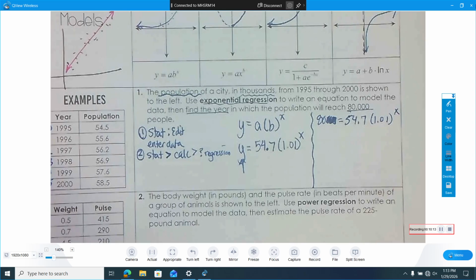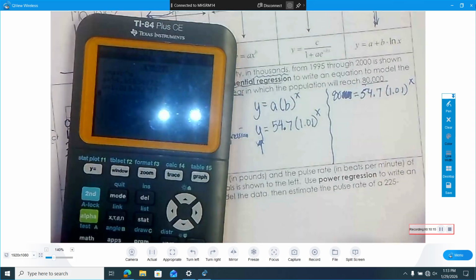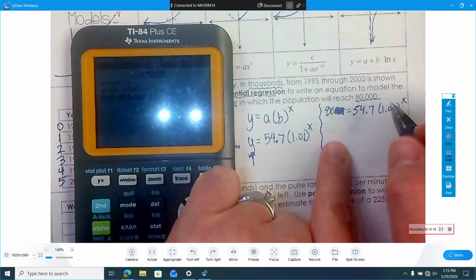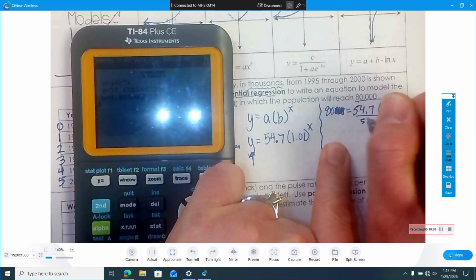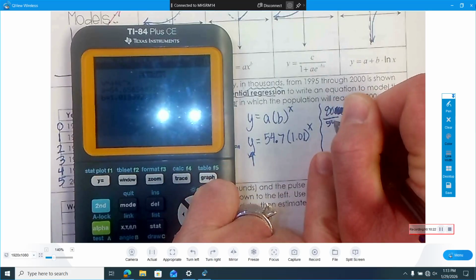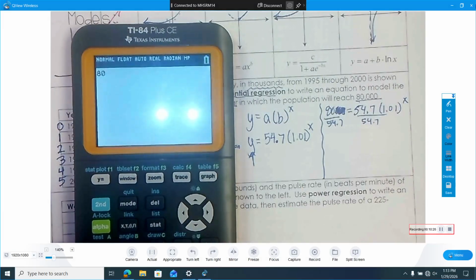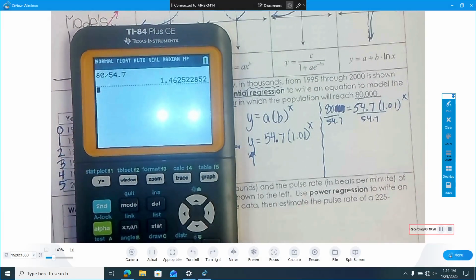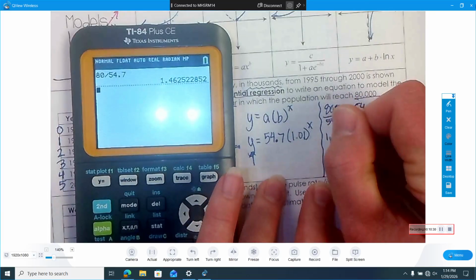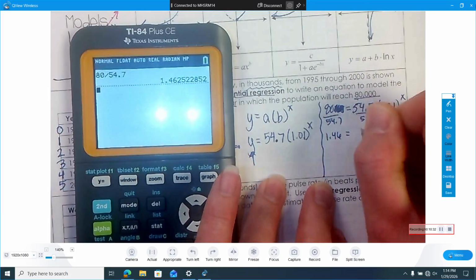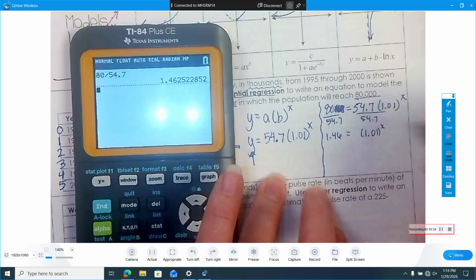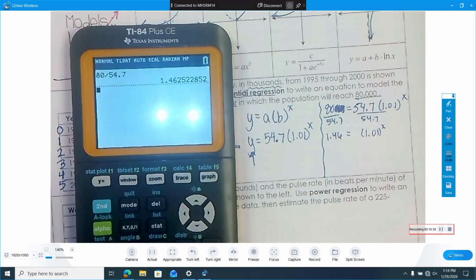What do we do first? Divide by 54.7. Yep. Divide by 54.7. Okay, so let's see. 80 divided by 54.7, some crazy thing, 1.46 equals 1.01 to the x. And then what should we do?